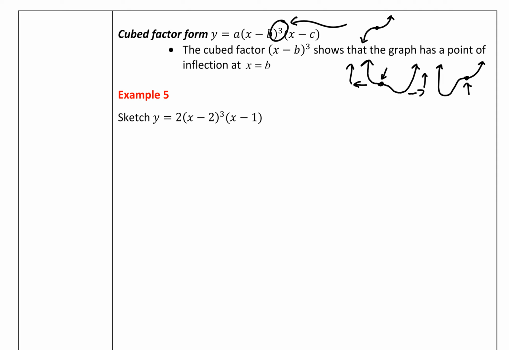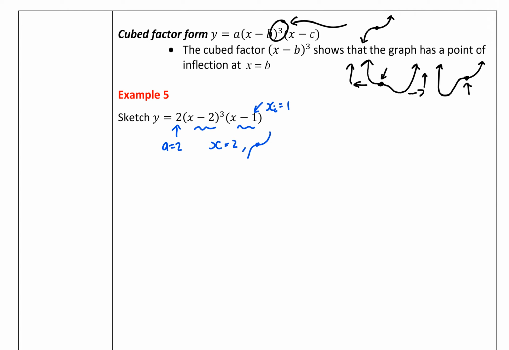When I look at this curve, I can see, okay, I've got an a value of 2, so it's still positive, but I might need to make sure I've got enough points to represent the dilation. I can see that there's a three-peat solution at x equals 2. So at x equals 2, I think point of inflection, and there's one intercept at x equals 1.